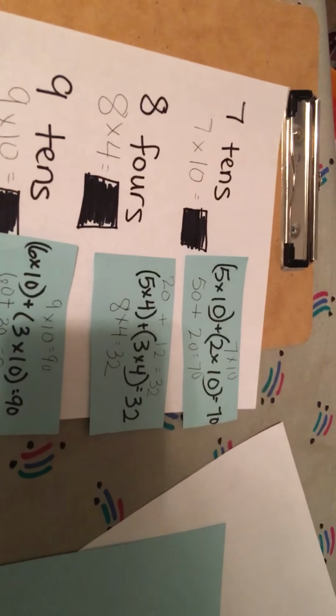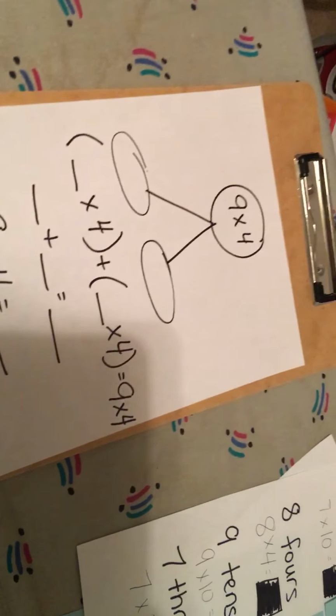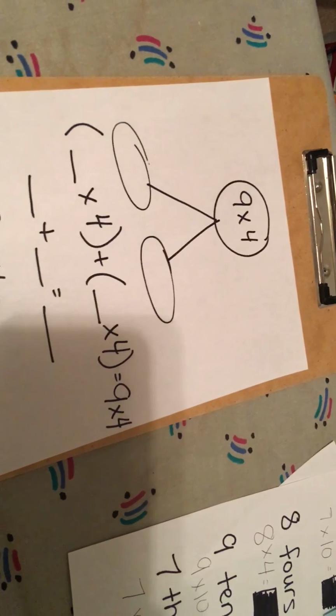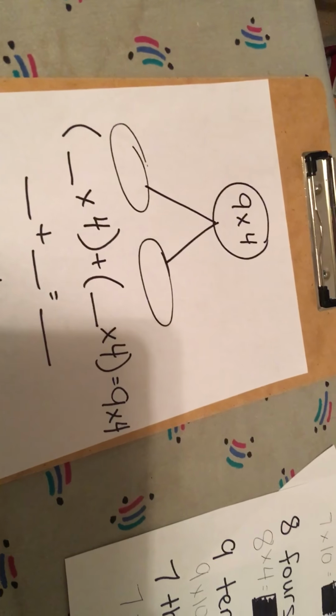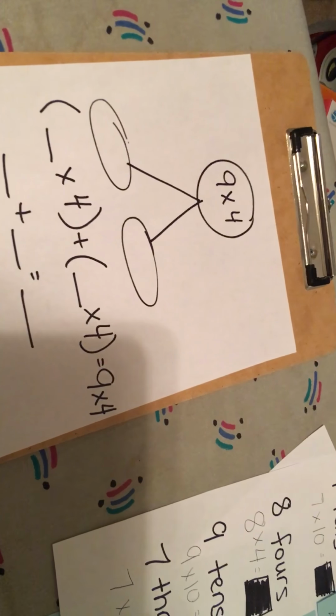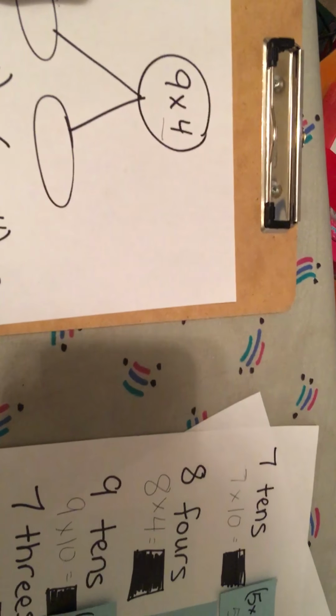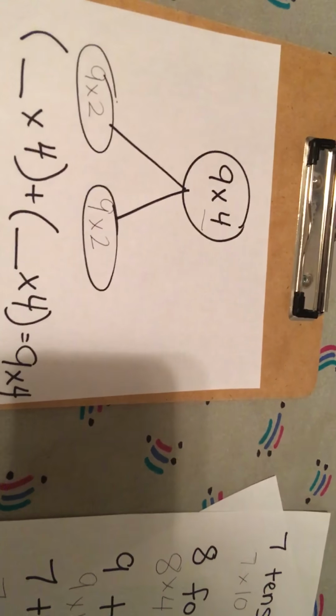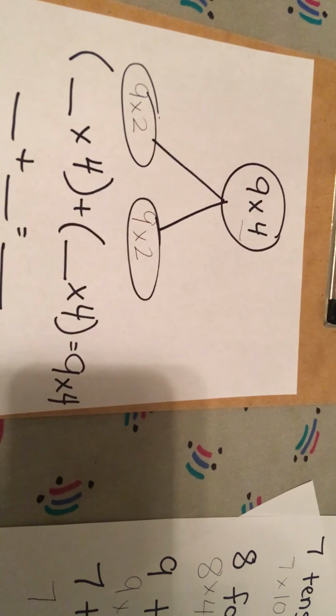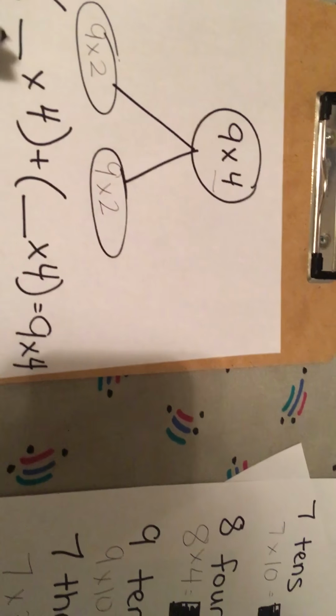I know mine looks a little different because I'm having to write this out by hand. Then at the bottom you have something that looks like this: 9 times 4. Well, you choose. Do you want to decompose the 9 or the 4? I myself would like to decompose the 4, and I'm going to do it into 2 and 2 because I know my 2 facts really well. So I'm going to do 9 times 2 and 9 times 2.